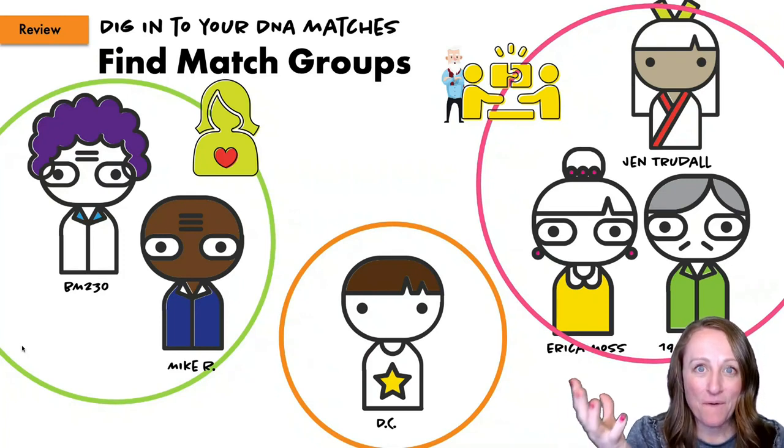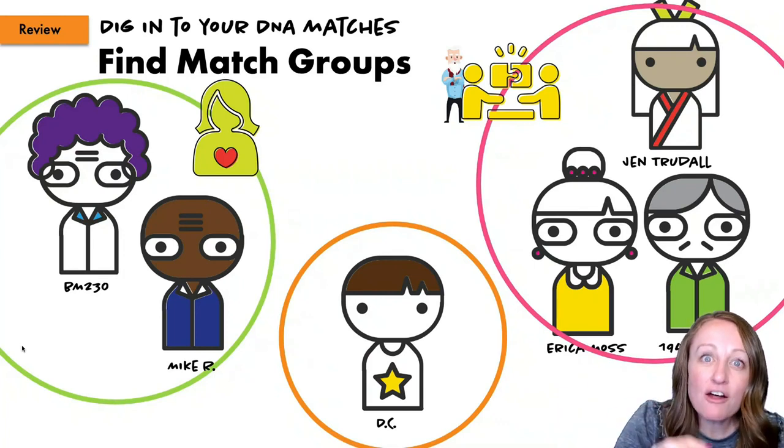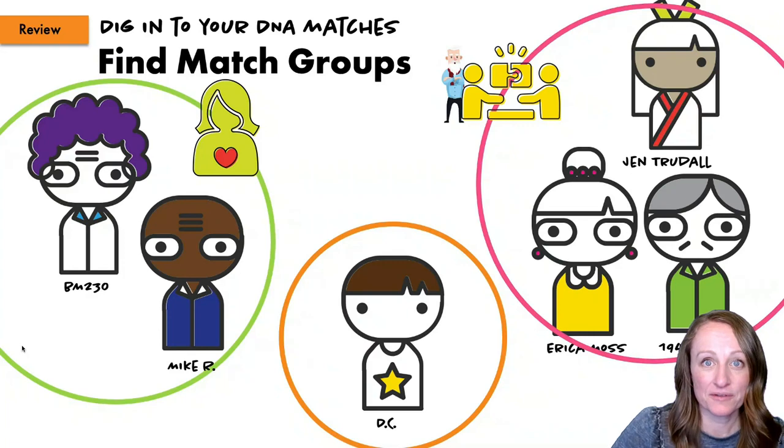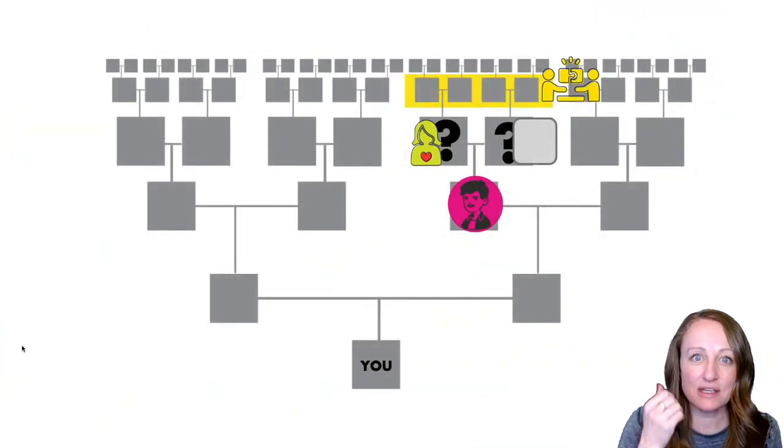Guys, when you really understand this concept and apply it, it is like magic almost. When you see this other genetic network in your DNA match list that corresponds to this spouse, you know you found your people. It's really fun. Because what does this mean?